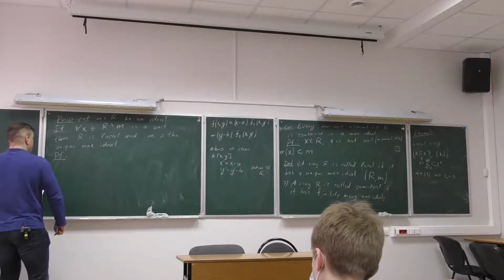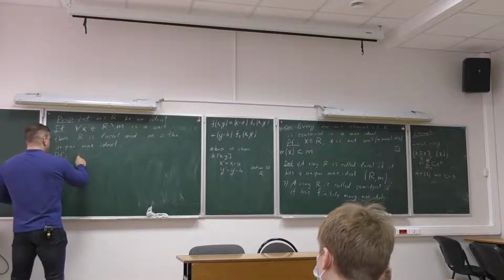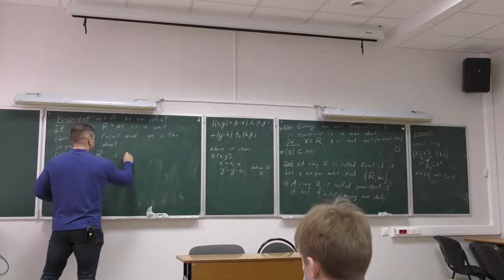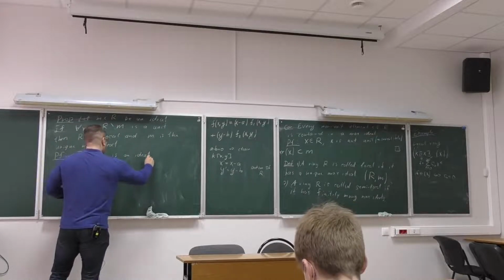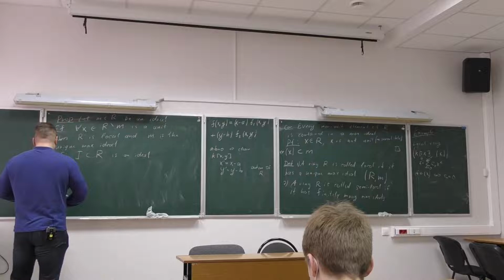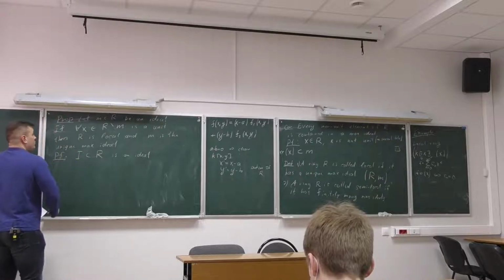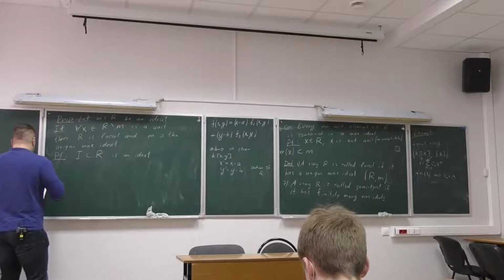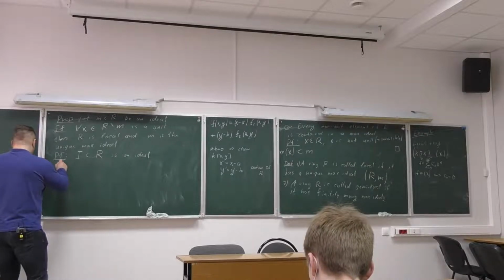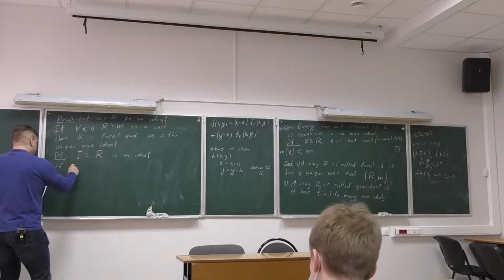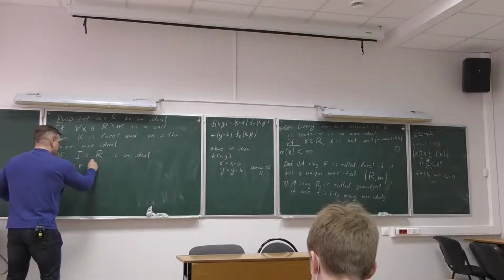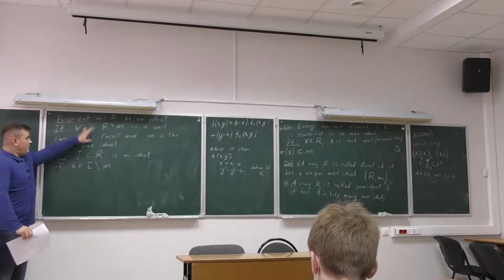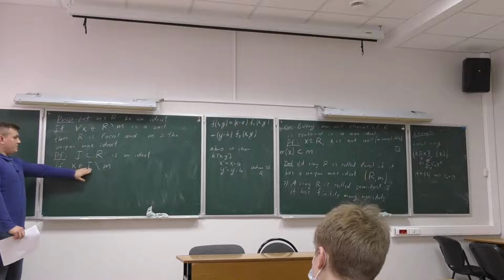So let's prove a little bit more. Let's take an ideal I in the ring R. If I have an element x that lives in this ideal but doesn't live in the given ideal M, suppose I have such an element.